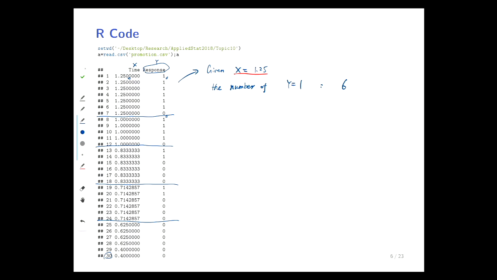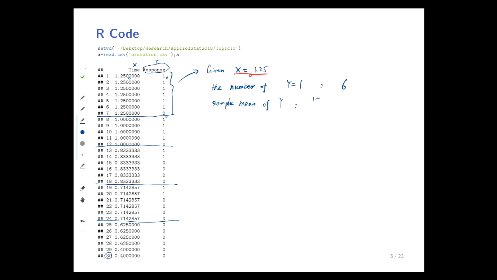And also, given each value of x, we can compute the sample mean of y. How to compute it? We just add those 1s and 0s and divide the summation by 7, because in total we have 7 observations.